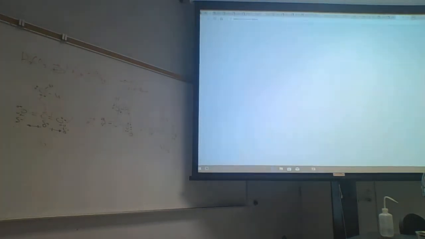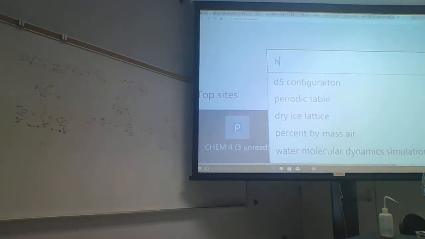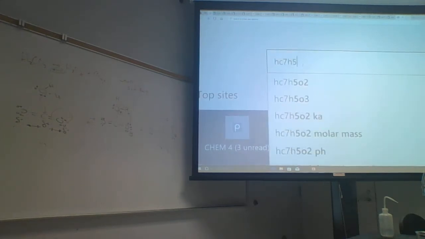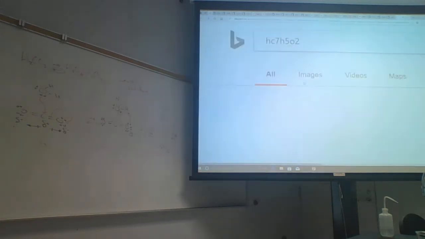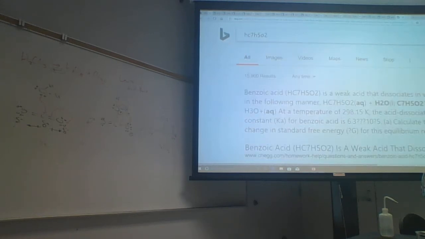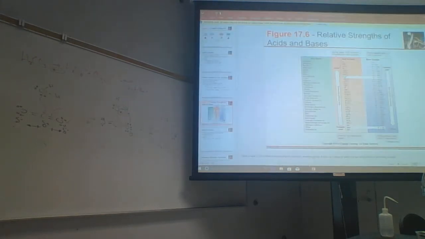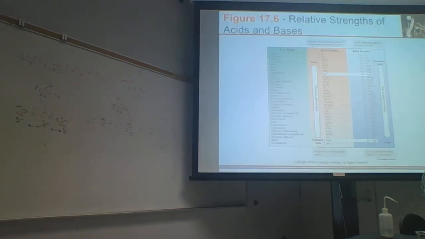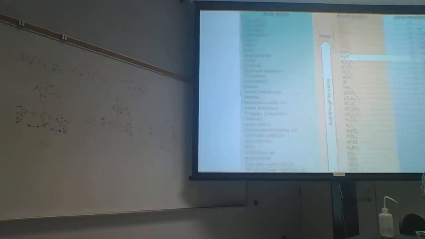Let's search it here. Let's find out the identity of that acid. The identity of that acid is benzoic acid. I guess I didn't have to do that because it's on the chart here. I would have just scrolled over a little bit. Benzoic acid is a common name.